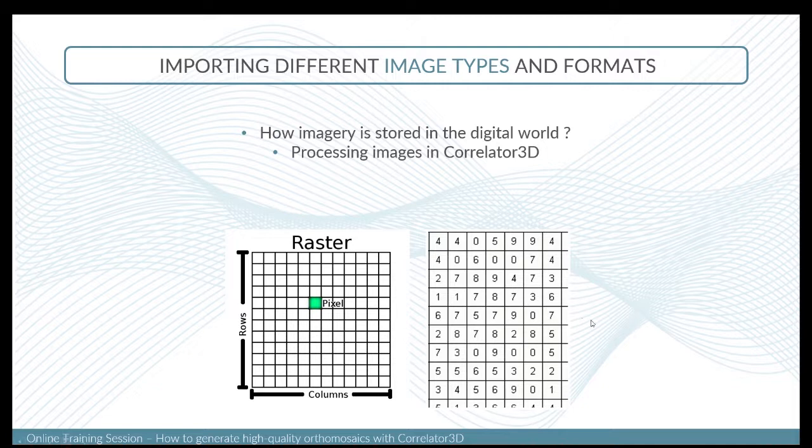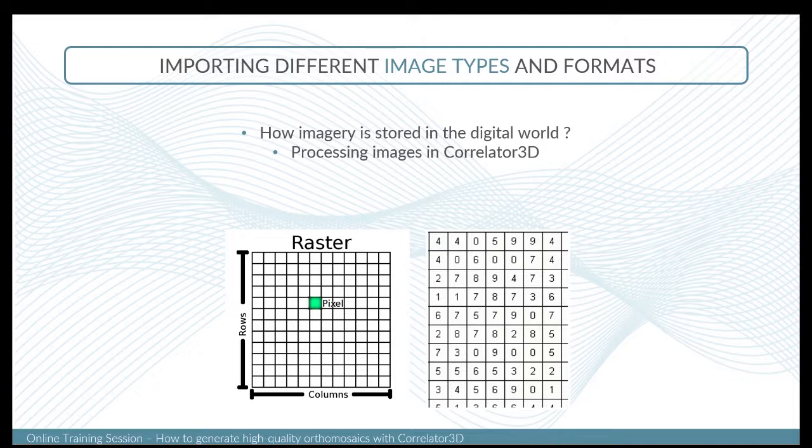But actually, it is stored as numerical values, can be stored in 8-bit, meaning that you will have 256 possible values per pixel, or 16-bit, which raises up to 64,000 possible values. And if you have 3 bands, red, green, blue, each band in 8-bit, you will have kind of a 24-bit images and millions of possible values.